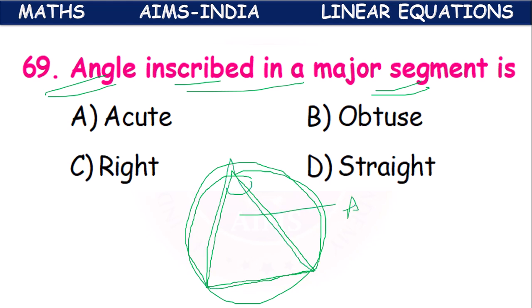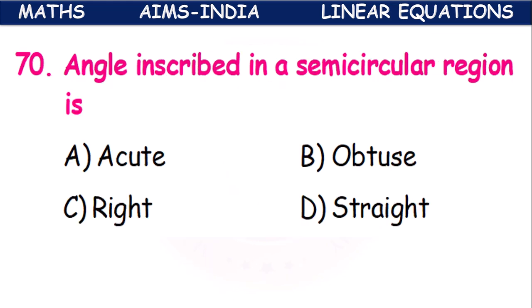This angle will be acute. In the major segment, the angle will be acute, less than 90 degrees. Angle inscribed in a semicircle. Suppose in a semicircle, if we draw one angle at any point, it will be equal to 90 degrees, which is a right angle.